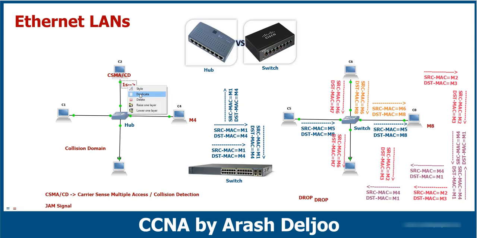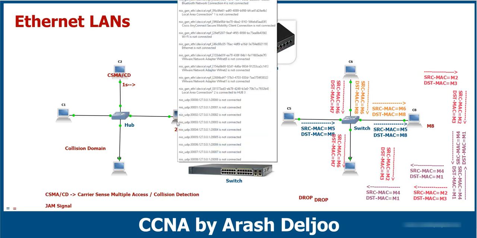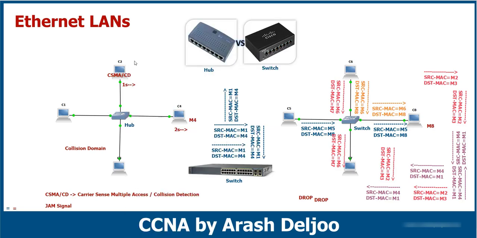And C4 starts from, for example, 2 seconds, because this random timer is selected independently in C2 and C4. They are using different values in most cases. Because of that, for example, after 1 second, C2 can sense the line again. If traffic is not available, C2 can send its traffic. This is the CSMA/CD rule.